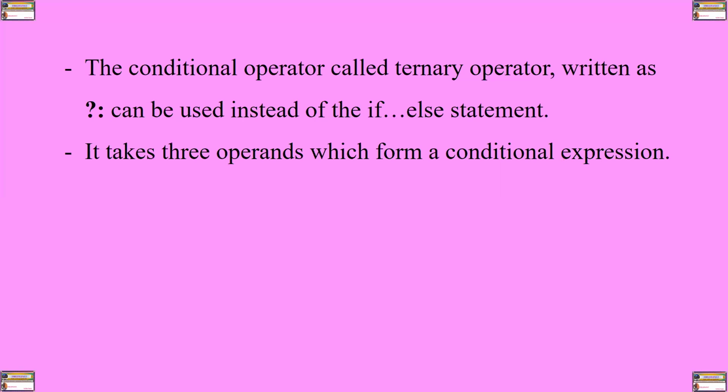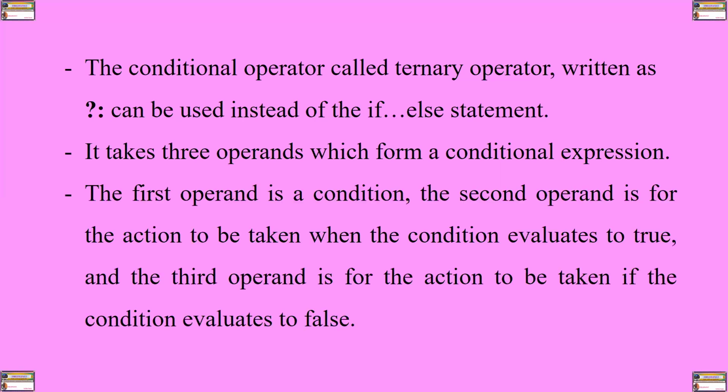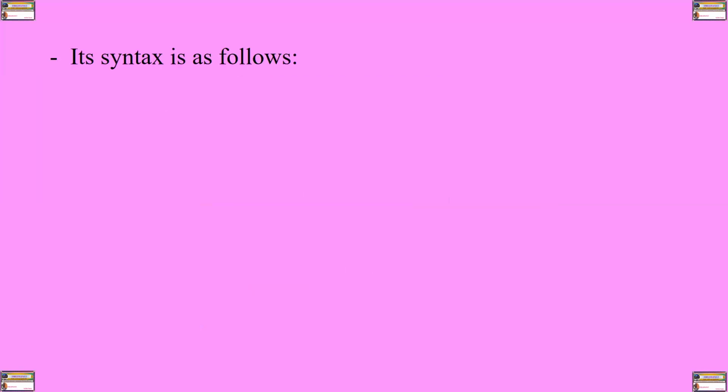It takes three operands which form a conditional expression, and the first operand is a condition. The second operand is the action to be taken when the condition evaluates to true, and the third operand is the action to be taken if the condition evaluates to false. So it's written as follows.